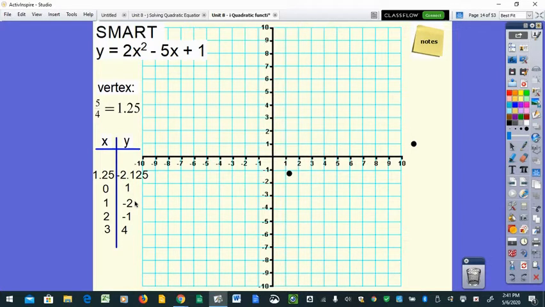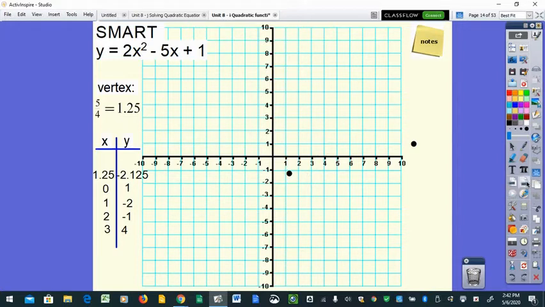I'm going to plot those 5 points, and it will form a U, a parabola I should say, and that's an okay way to do it. The axis of symmetry does exist, and you could use it here if you don't mind working off the quarter. But you can always just pick 5 inputs, just make sure you're building around the vertex. That's why I picked 2 from the left and 2 from the right.